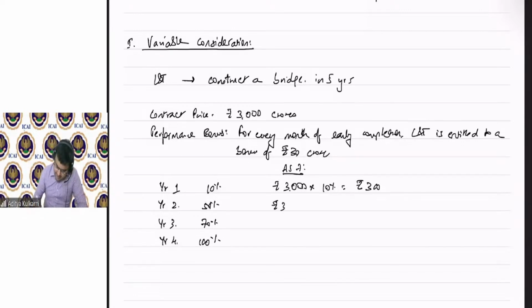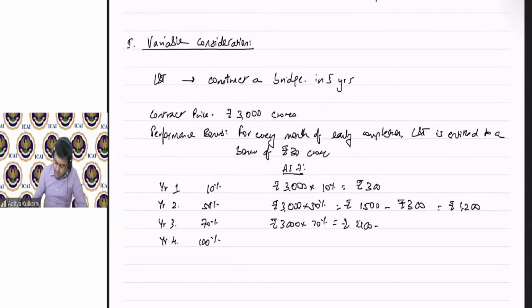So 3,000 into 10%, I would be booking 300 crores under AS7 for the first year. For the second year, it is 3,000 into 50%, that is rupees 1,500 crores minus rupees 300, which we had recognized earlier. So this gives me rupees 1,200 crore revenue for the second year. For the third year, it is 3,000 into 70%, 2,100.